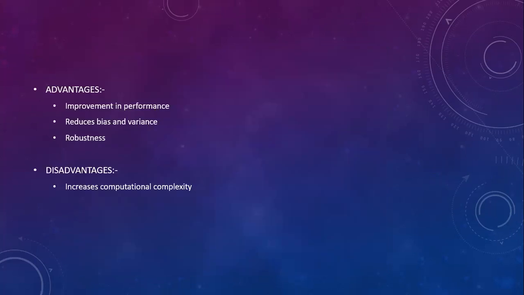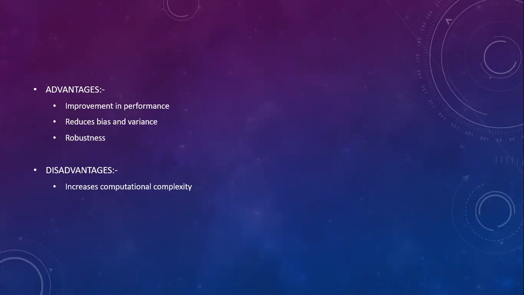Then let's look at the advantages and disadvantages. It really improves performance, because individual performance will always be a little less than the combined performance of different models, and it helps in reducing bias and variance.